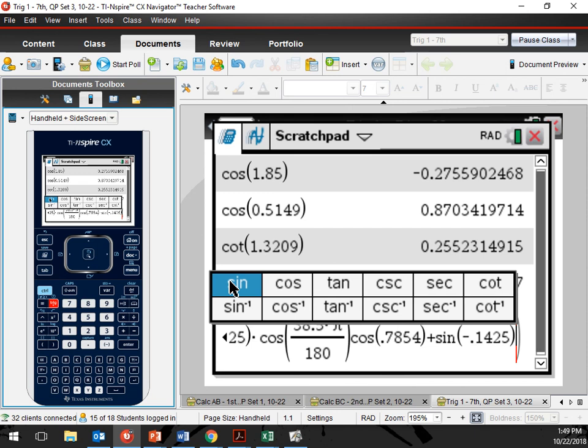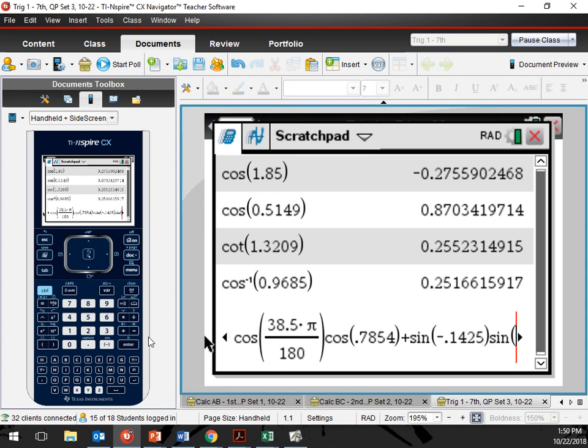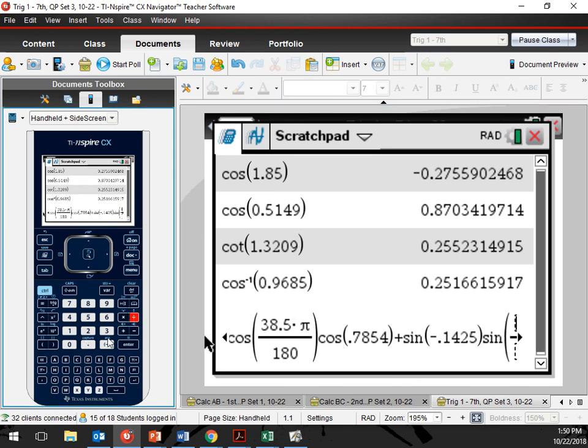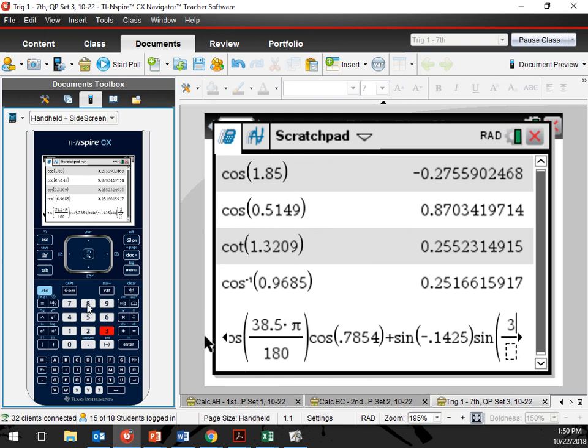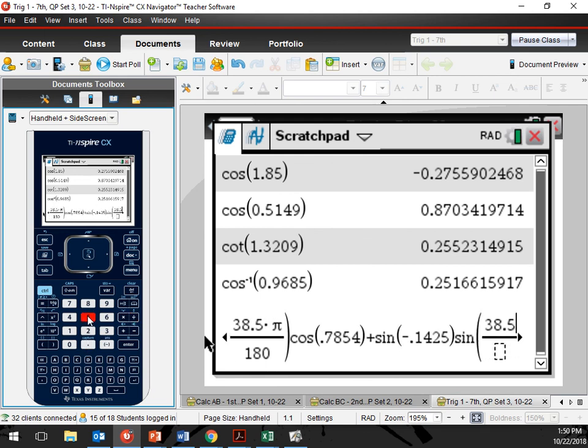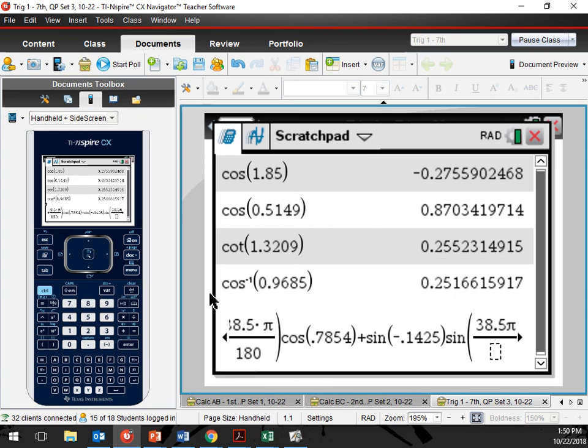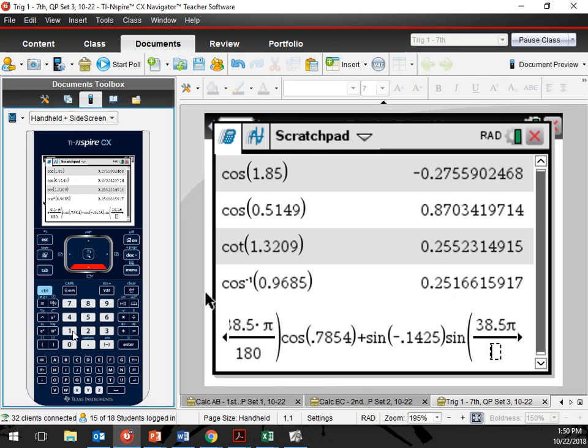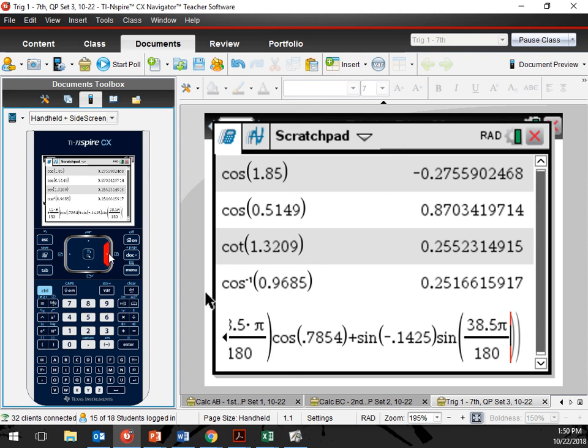Sine of 38.5 pi over 180. Am I gonna have to write all this on my homework? Yes. Like I said, there's only 2 of these problems, so I'm just showing you how to plug in the calculator. You write it out first.